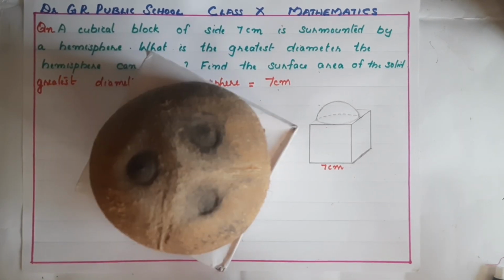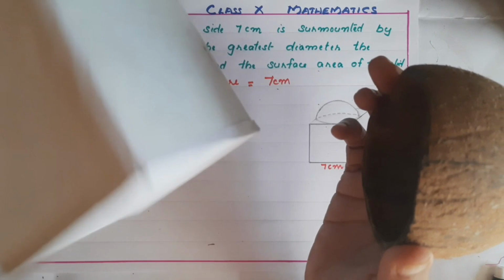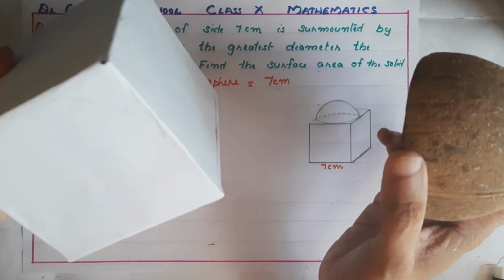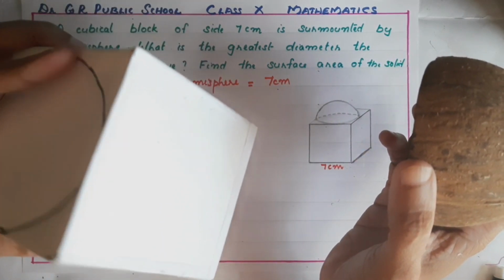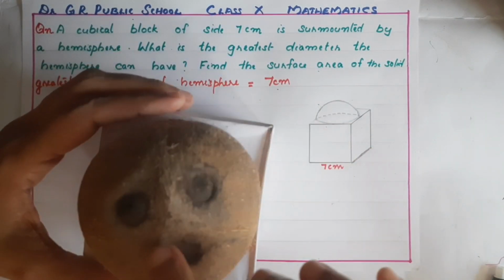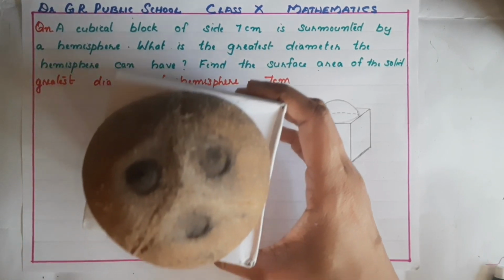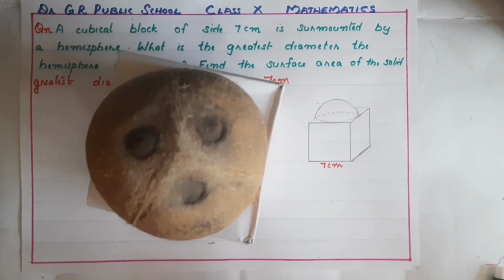Now, how will we take the area of all the visible faces? When we consider this cube, what is its total surface area? It is 6a square, isn't it? Then, when we keep this hemisphere on this, some portion on the top face is not visible. How much portion is not visible?